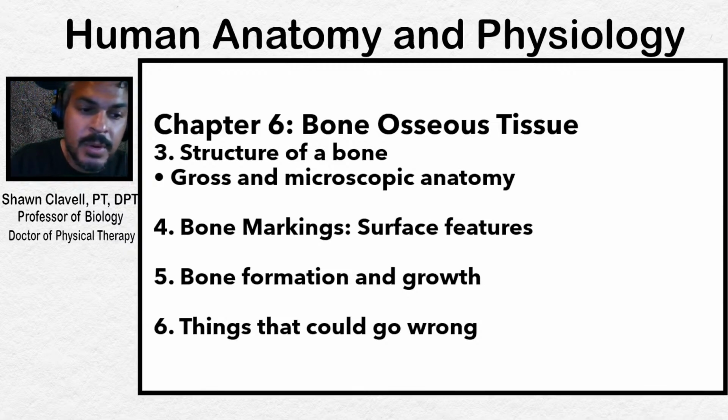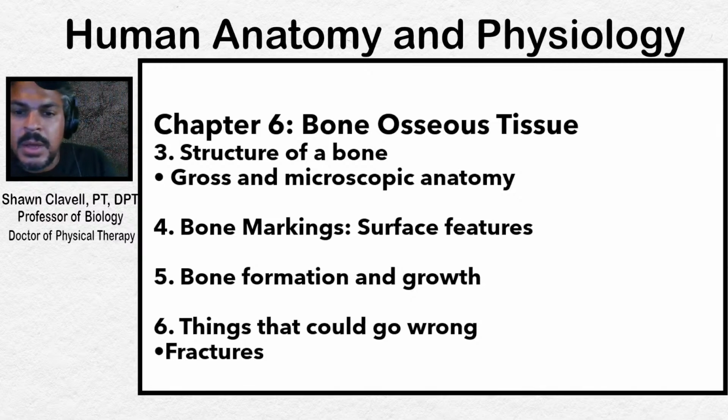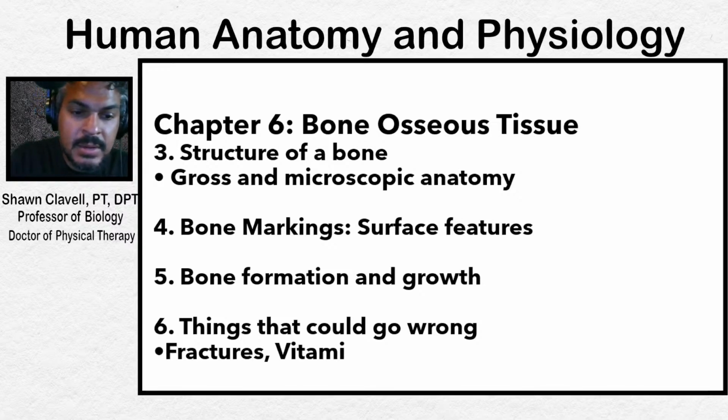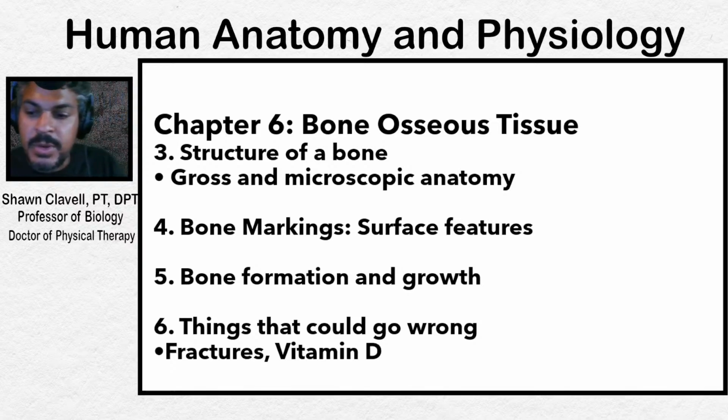So a big one is going to be fractures, but also remember the association of vitamin D. So thinking about rickets as well can also be something that occurs associated with the skeletal system.